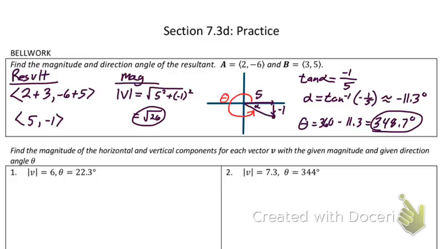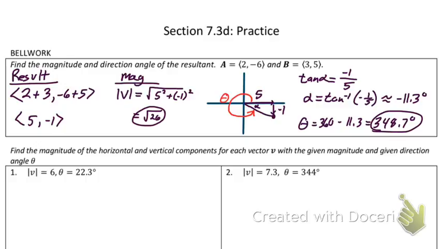All right, any questions on how to do that? We've done magnitude and directional angle on almost every one of our bell works because it's going to be on the test. It is. And if you can do this one with magnitude and directional angle, you can do the easier one where I just go ahead and give you a vector right off the bat. Just know these steps.